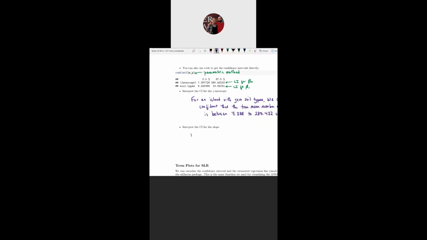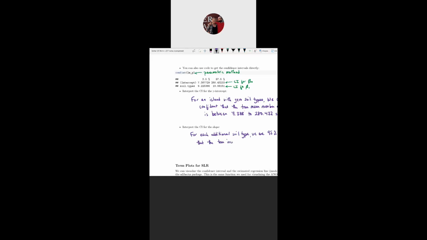Now, looking at the slope, again, slope is referring to change. So when we increase x by 1, we're talking about the change in the response. So for each additional soil type, we are 95% confident that the true change. So instead of saying change, I'm going to be a little bit more specific because my interval is entirely positive.